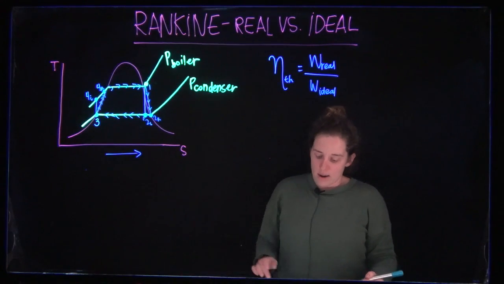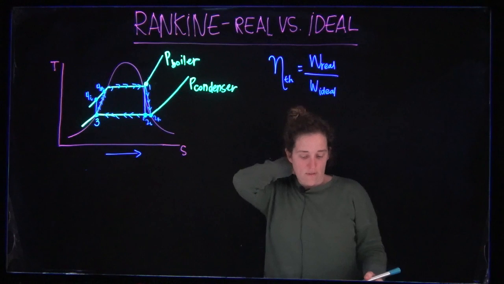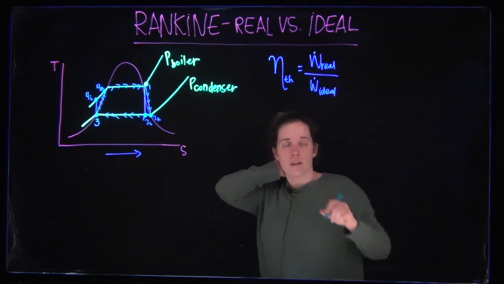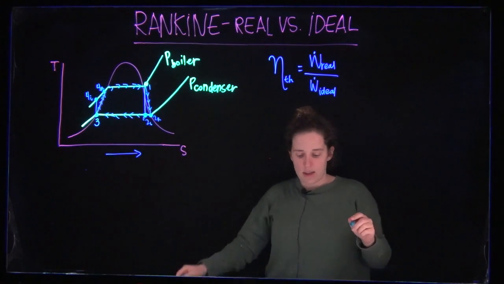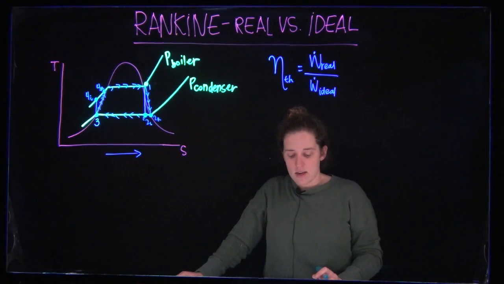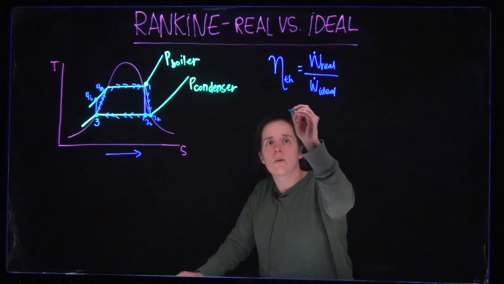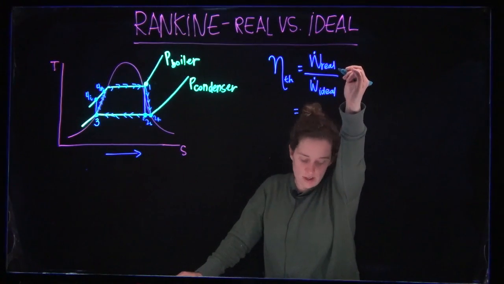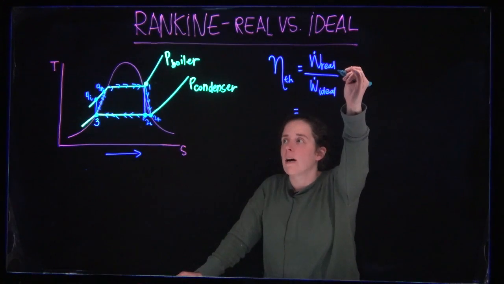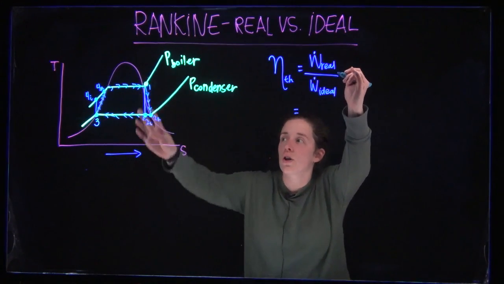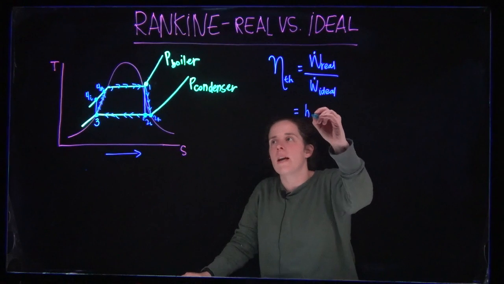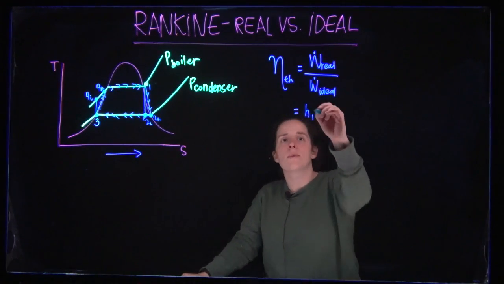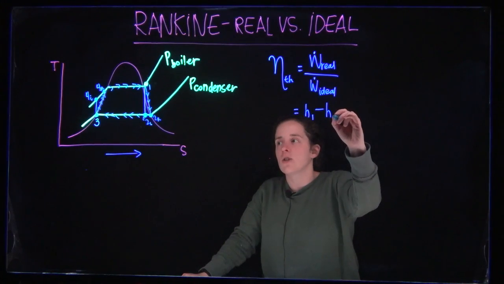And we know that for our work real in terms of H, so let's go to H for the work real, which is, we're trying to maximize our turbine. So that's going to be H1, where the energy is higher going into the turbine, and you're going to subtract H2.